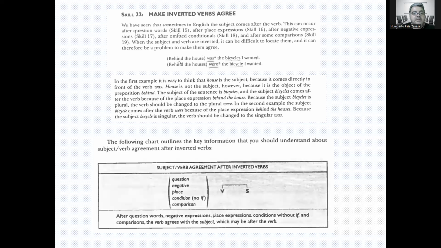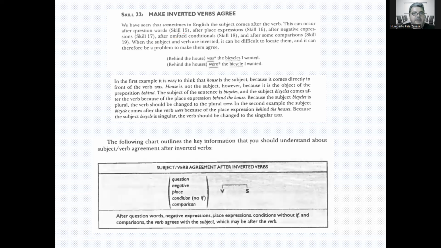So if you look at these first examples: behind the house was the bicycles I want. Now, with this example, it is easy to think that house is the subject because it comes directly in front of the verb was. House is not the subject, however, because it is the object of the preposition behind.